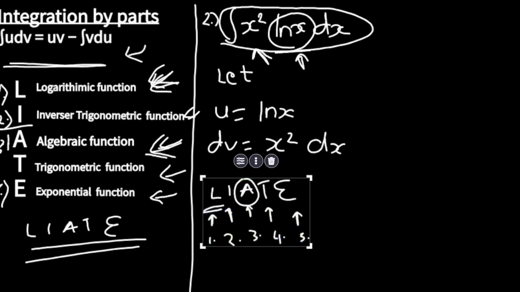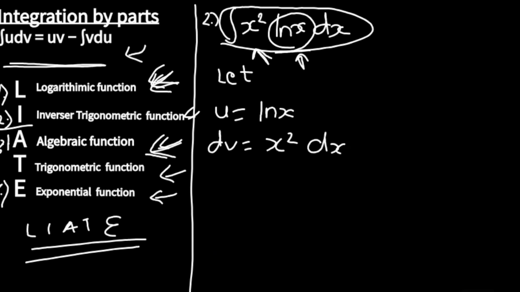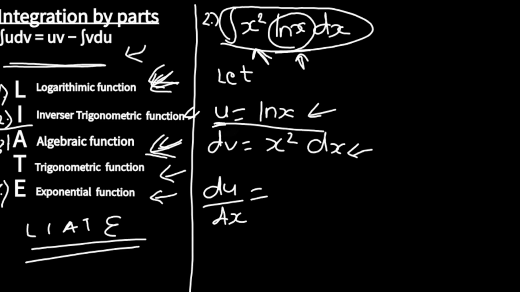After finding your u and your dv, the next part is to find the derivative here and find the integral here. Let us first differentiate this. That will be du/dx, we are differentiating u with respect to x. So what is the derivative of ln x?